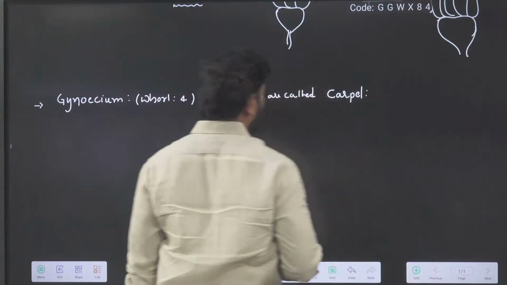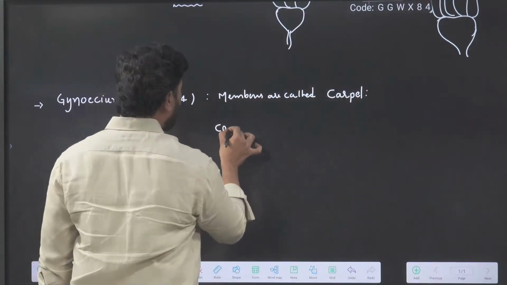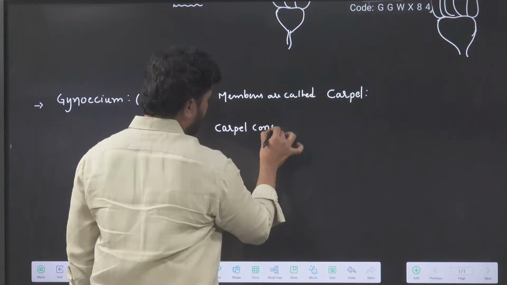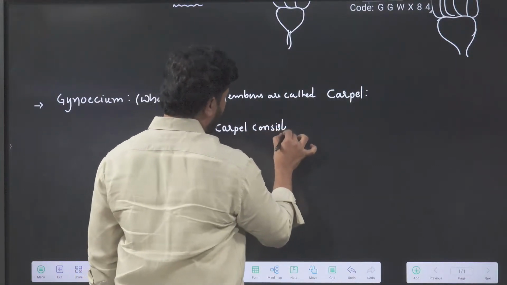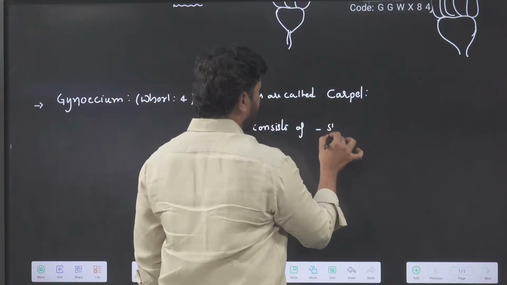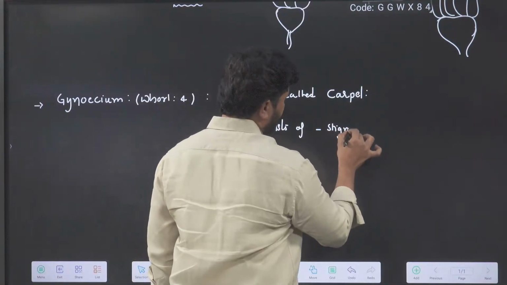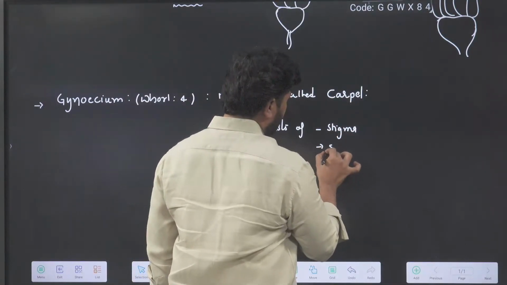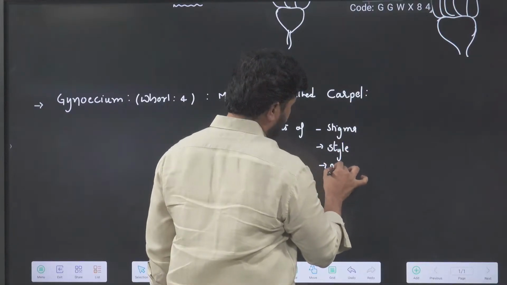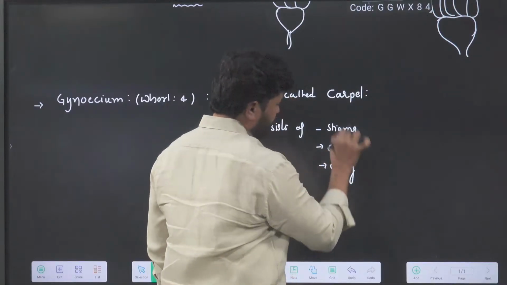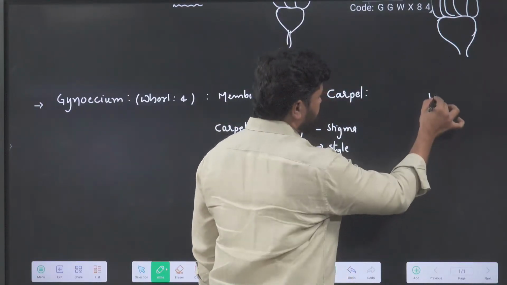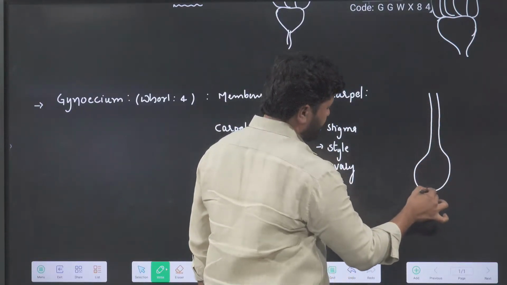A carpel consists of stigma, style, and ovary. Consider this Gynoecium.